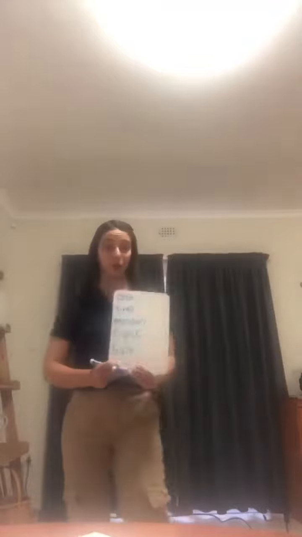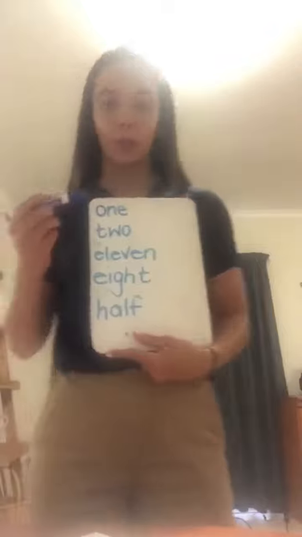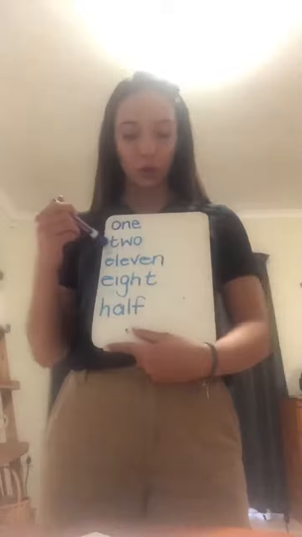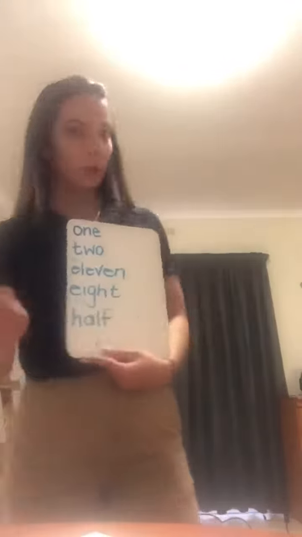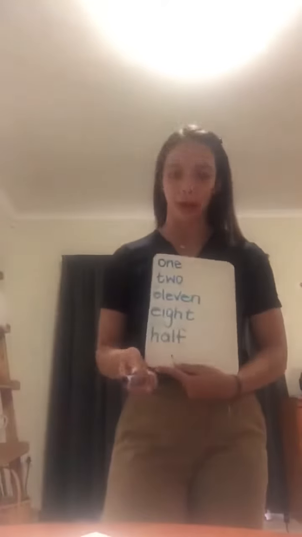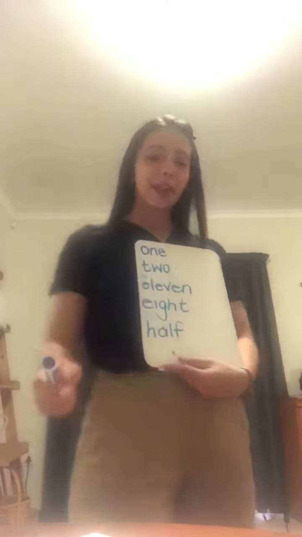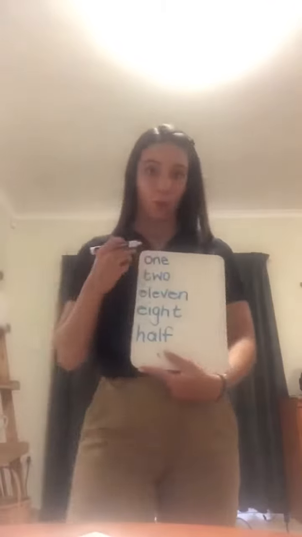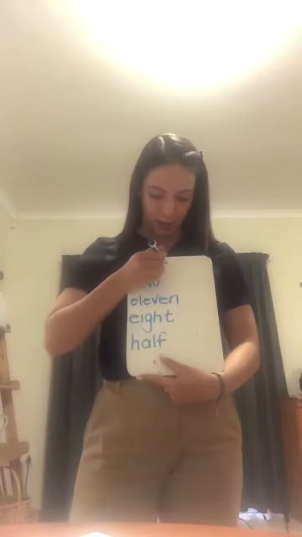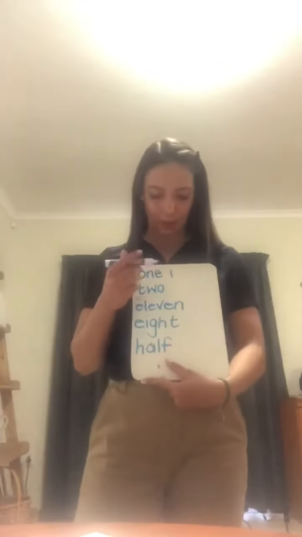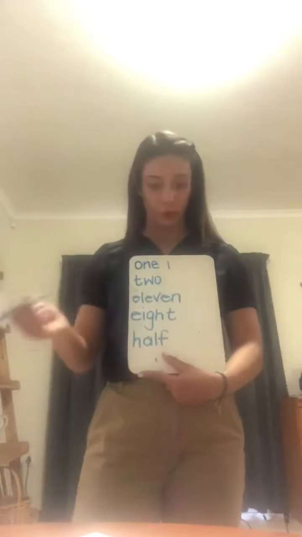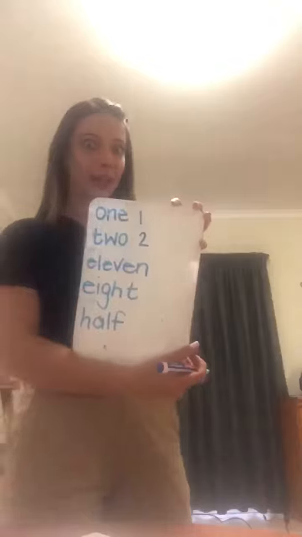So we have learned our number names. We have learned the number names 1, 2, 3, 4, 5, 6, 7, 8, 9, 10, 11, all the way to 20. We have learned about this. So if our number name 1 has a number that looks like this, right? We all know that already. And the number name 2 has a number, oopsie, let me just write it like this, has a number like that.